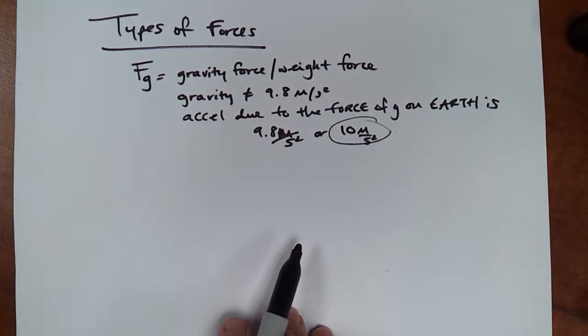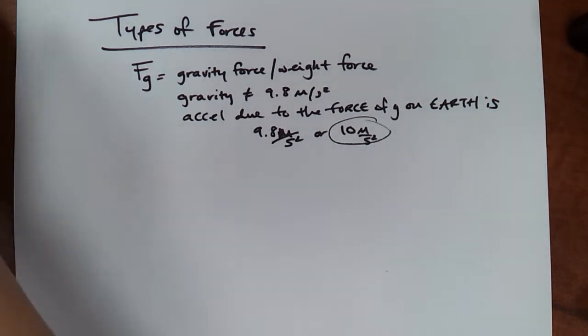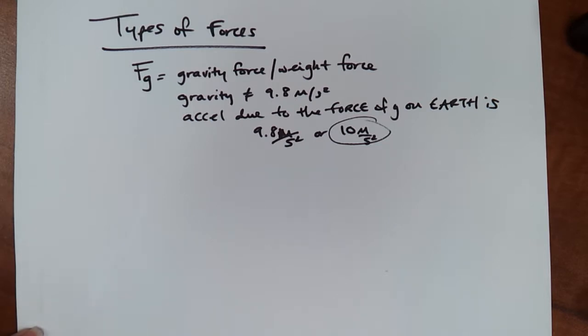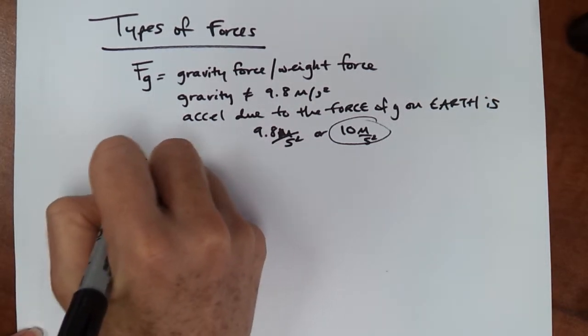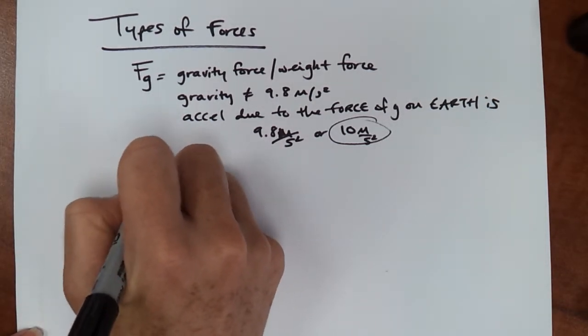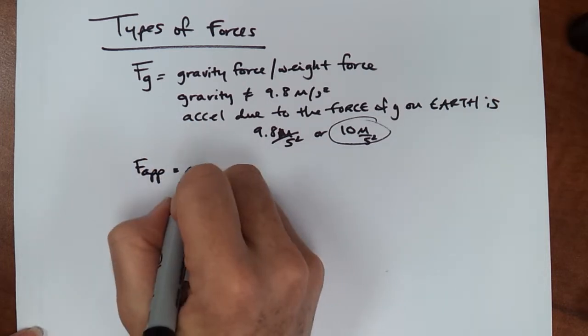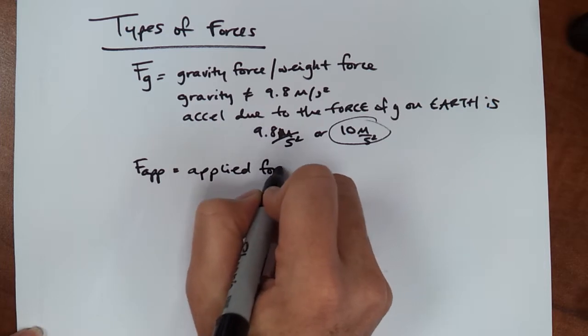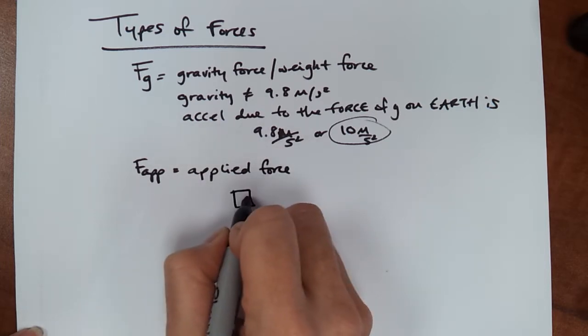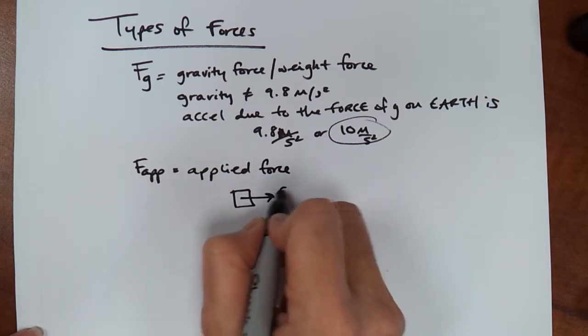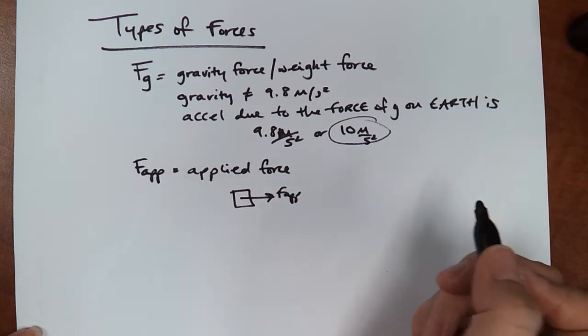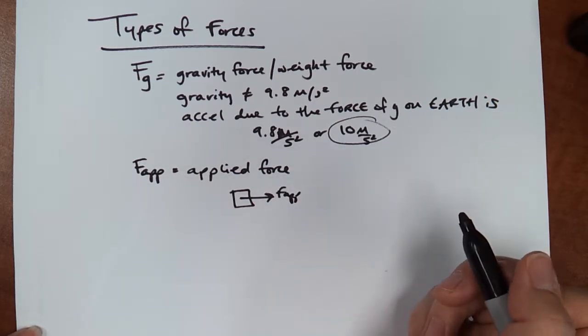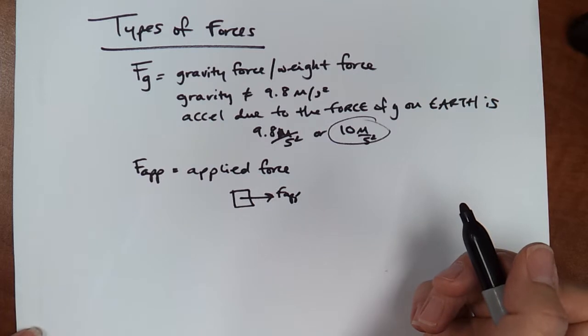Okay? We also learned about what we call FAP, applied force. Here's a box, I apply a force to try to move it. That could be a pull or push, right? So it's any type of application of a force, and we just label it as FAP.